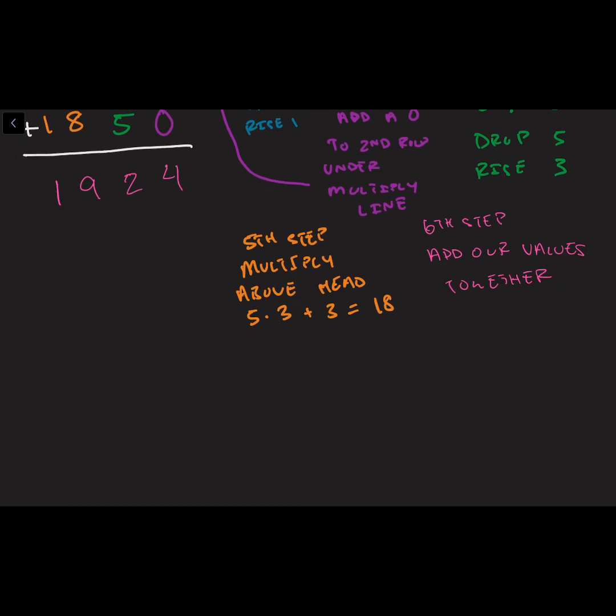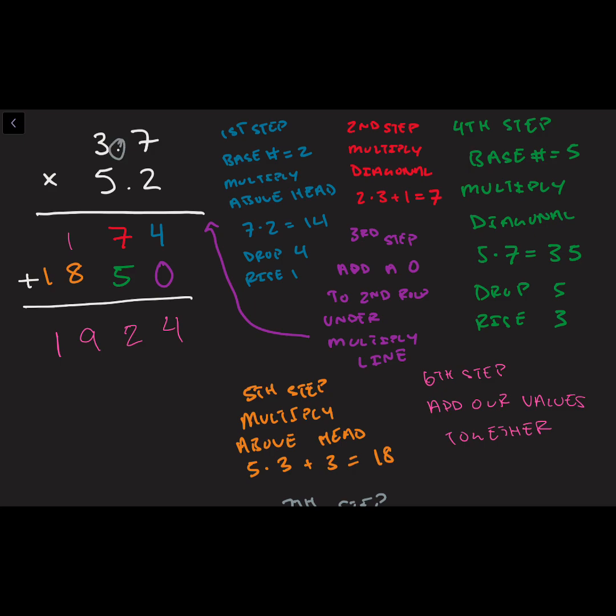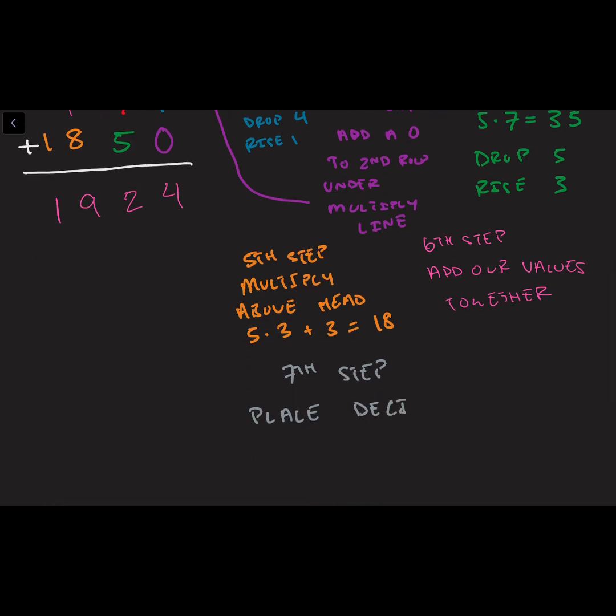Not so fast. It's not our final answer yet. Now for the last step of the day, the seventh step, what we're gonna do is we gotta place our decimal in our number. And we have two decimals right here. Above we got one, two, so it's gonna be two decimal places. So place decimal and final answer.